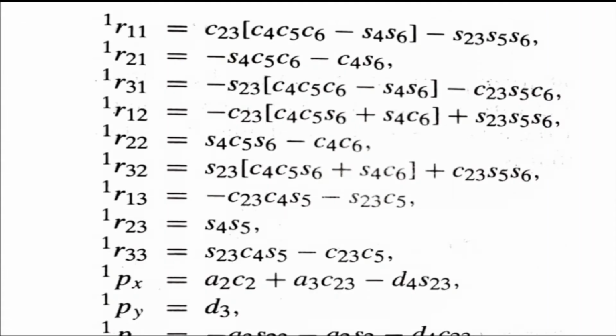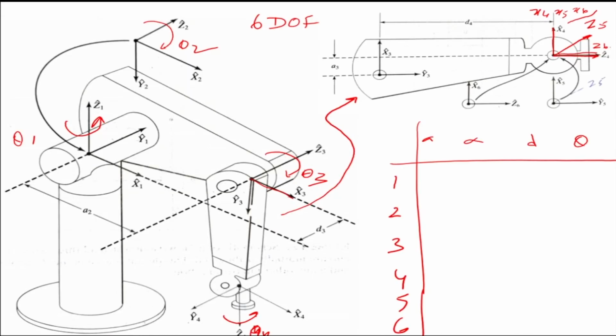This is something that I had mentioned in the last class also, that in reality the axes are orthogonal, which means that your z4 is this side, z5 is that side, and z6 is this side. These are called the roll, pitch, and yaw motions.